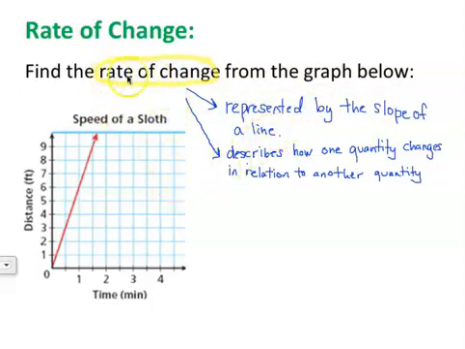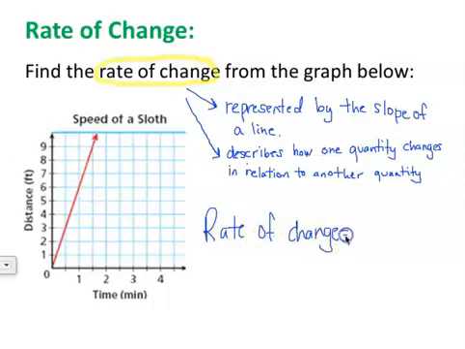So if we want to find the rate of change of this graph below, we want to find the slope of the line. That's all we're going to do, find the slope of the line. So the rate of change is going to be equal to the change in y over the change in x.